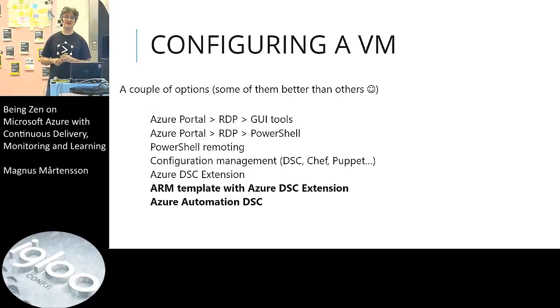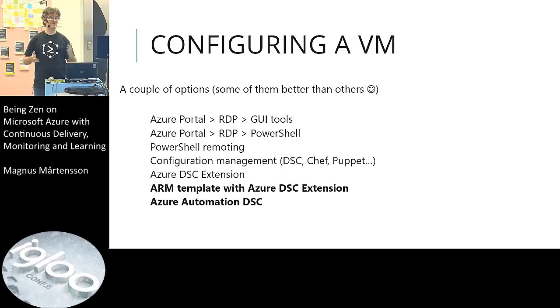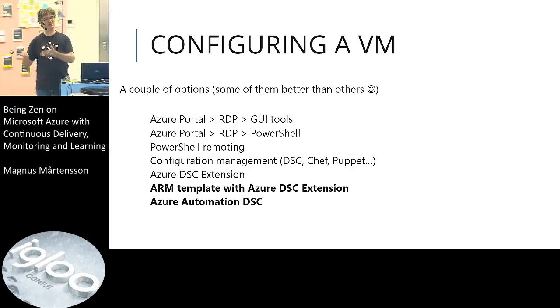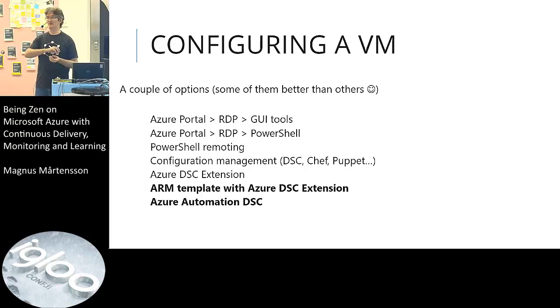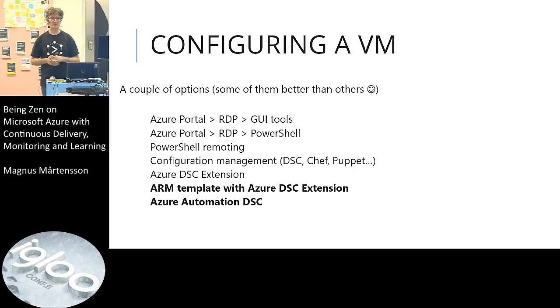Or Azure Automation DSC, which is a new service, also very powerful, and I will not talk about it, but keep that in mind also as one of the solutions. You can put the ARM template in that service and create kind of a vanilla VM without any configuration, but then you assign a configuration that is part of that service, and the machine will ask for the configuration and get it from it. So that works as well.